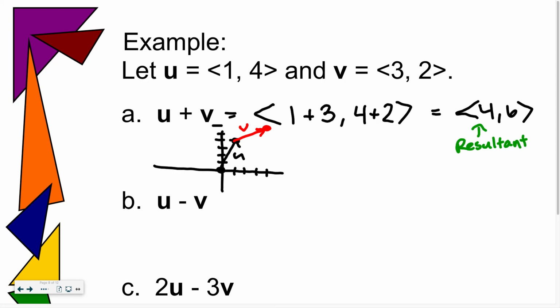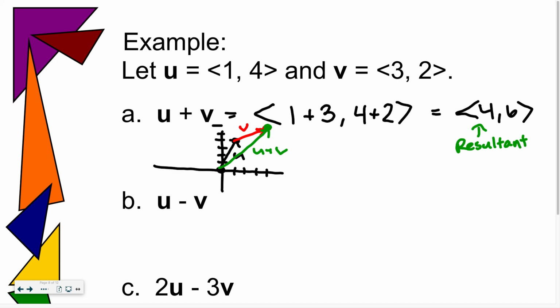And then think about your resultant vector, horizontal component of 4, vertical component of 6. If I went right 4 and up 6, I would land at this terminal point, right? So the resultant vector, if you want to think geometrically, is kind of like after you connected all the vectors, it's closing that shape.